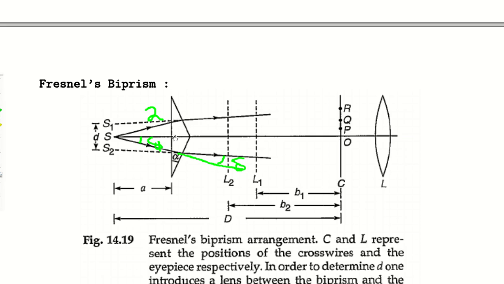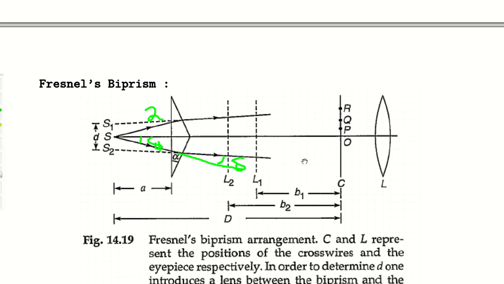But using white light, the central fringe will be white and the other fringes will be colored. So with the naked eye you can tell that here is your central fringe, which is bright and white.